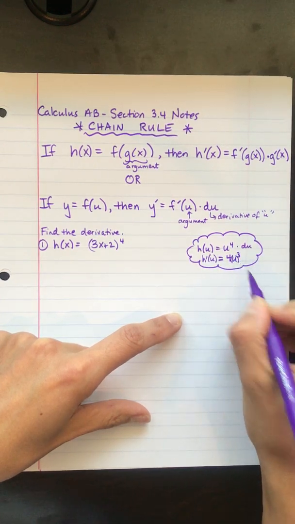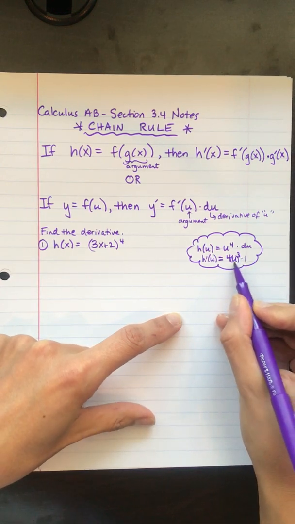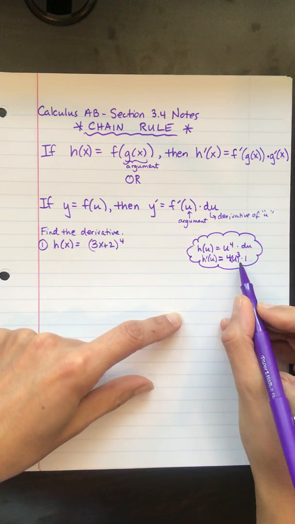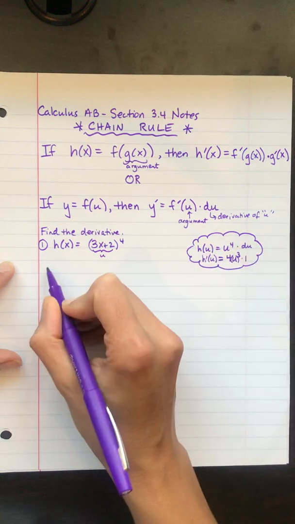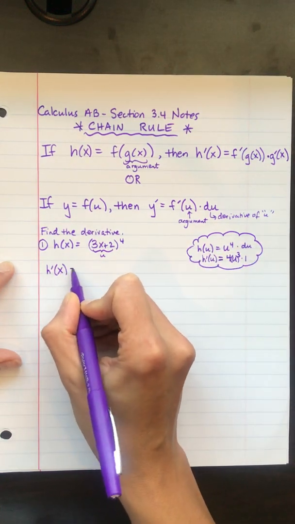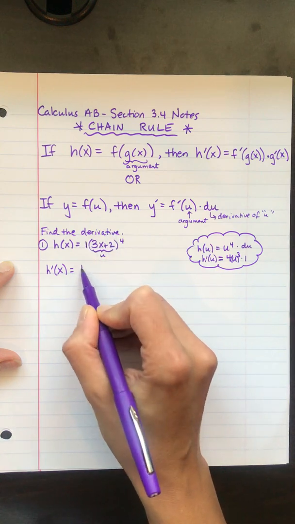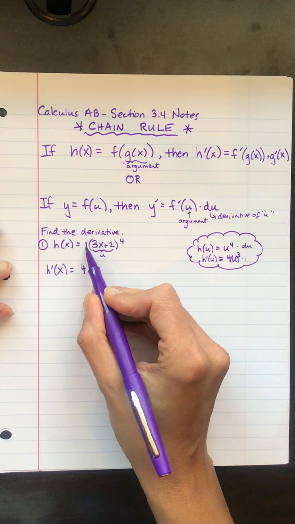And if you look, in our problem, the derivative of u is 1 in this problem. So we really haven't noticed up to now that we've been doing chain rule because it's been times a 1. But now, if you think of this as your u, then the derivative of h, okay, so you would put 4 times 1 in front.